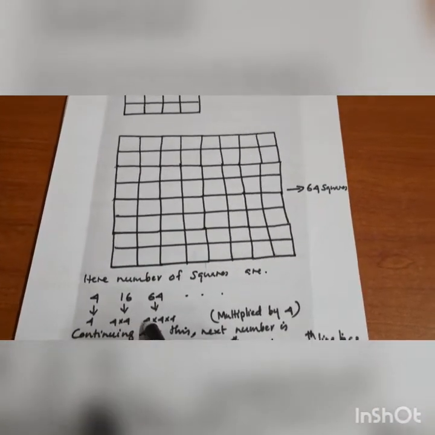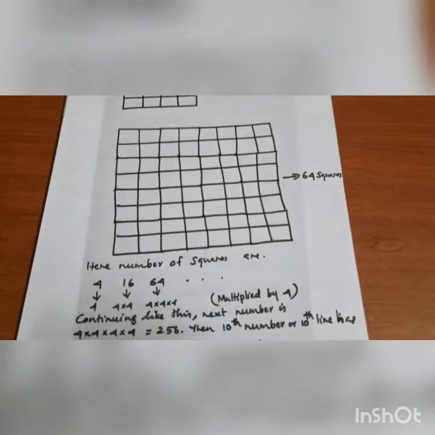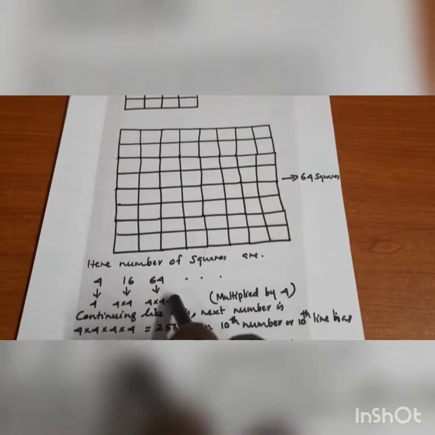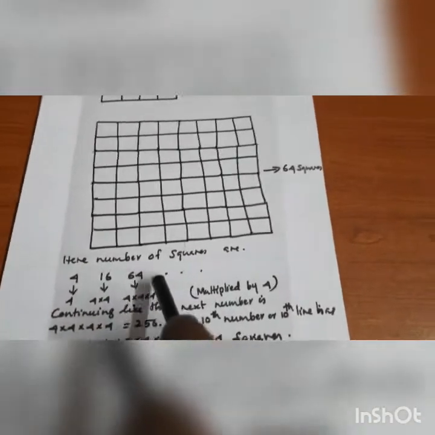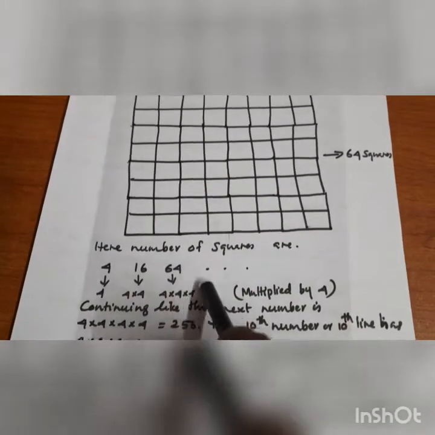The second number is 4 into 4, that is 16. And the third number, 64, that is 4 into 4 into 4 or 16 into 4. Each one is multiplied by 4.